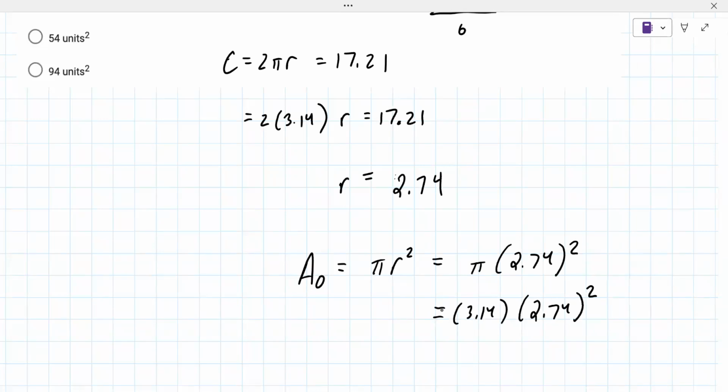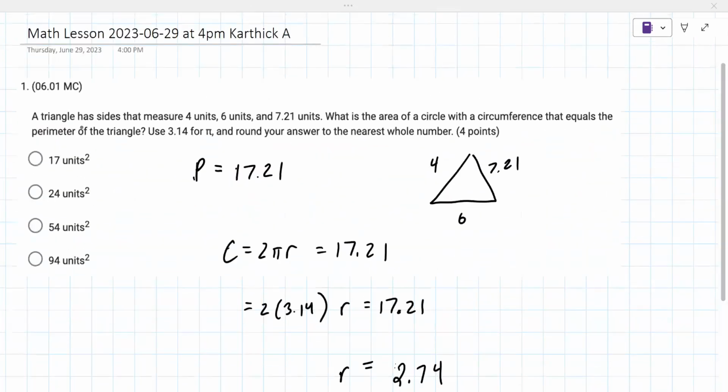It is then 3.14 times 2.7 squared. All right, so that would be 24. Yeah, I got 24. Okay, so there's your answer: 24 units squared, right? Perfect.